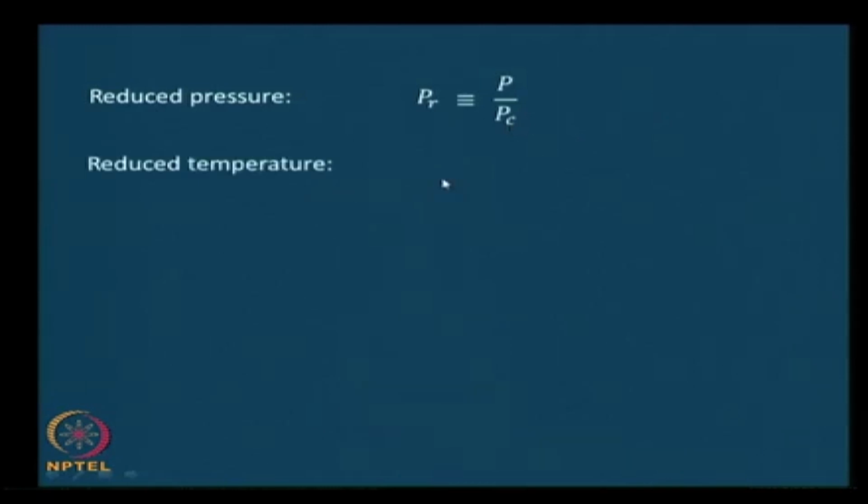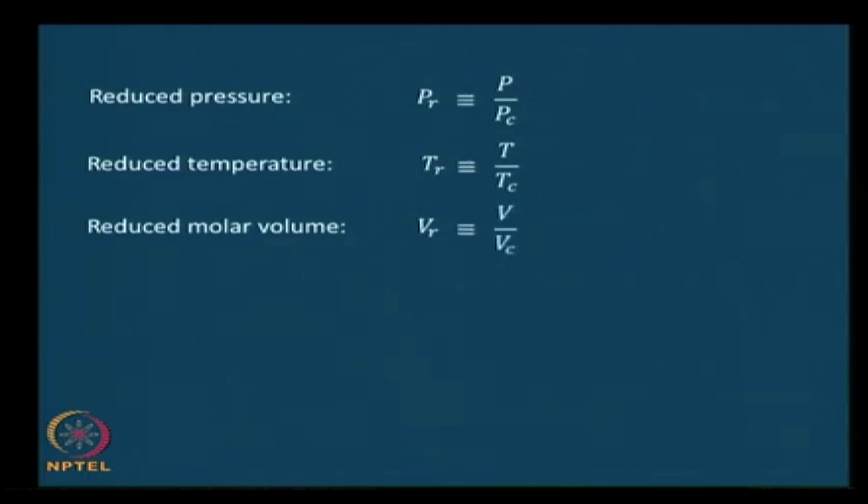Reduced temperature we already saw, TR is defined as the actual temperature to the critical temperature, and reduced molar volume, represented as VR, is defined as V, the actual molar volume, divided by the critical molar volume.